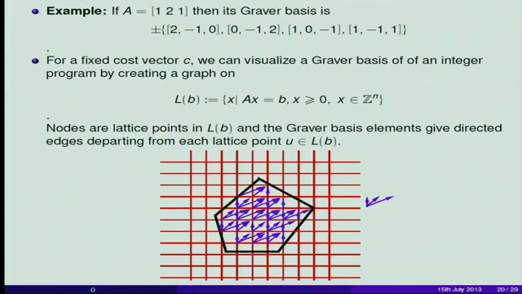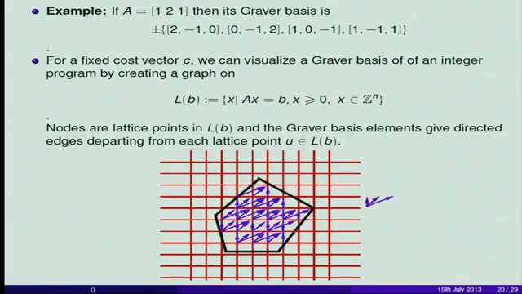Now, I claim they are minimal in which sense? For example, if you take this vector here and you remove any of the non-zero entries, you are not going to get an element of the kernel anymore. So these vectors are minimal in that sense. They're minimal in the order that I just gave you.